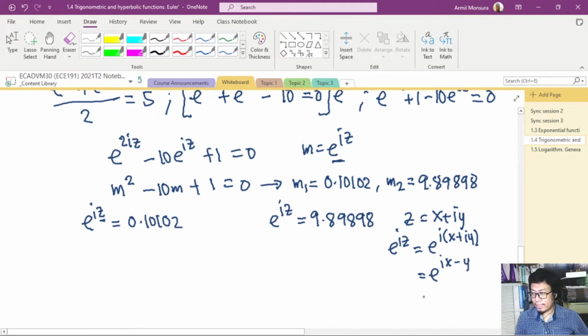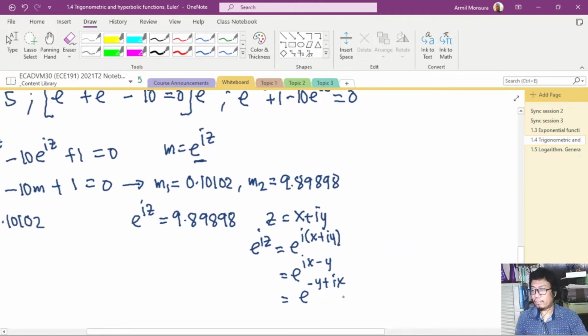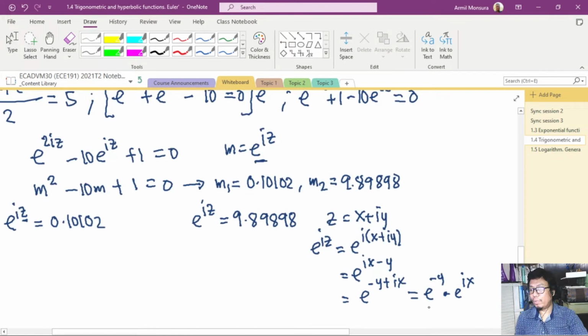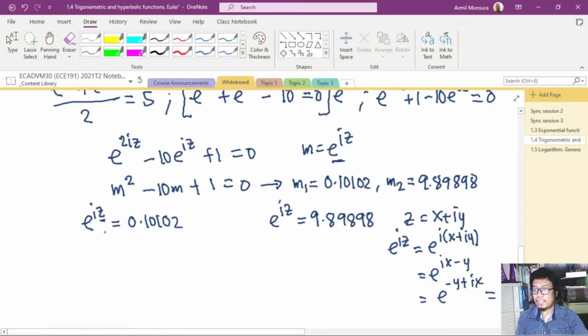Basically we will have e raised to negative y plus ix, or equivalently e raised to negative y times e raised to ix. We will use this to replace e raised to iz.